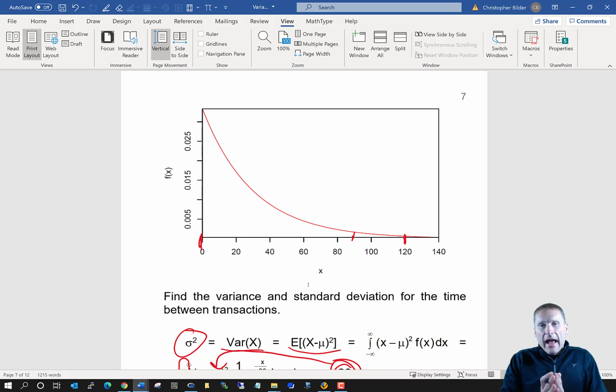It measures how much variability you have in your population. In this particular example, just for emphasis, almost all observations in the population, which this particular PDF is trying to characterize, will be between about 0 and 90 or 0 and 120.